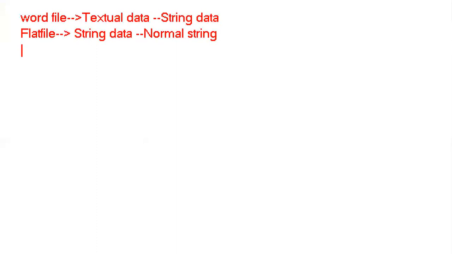When you work with Excel, all columns are wide strings. This representation is the nvarchar data type, and this one is the varchar data type. For a file, it takes varchar for each and every column automatically, whereas for an Excel sheet, each and every column it takes as nvarchar.